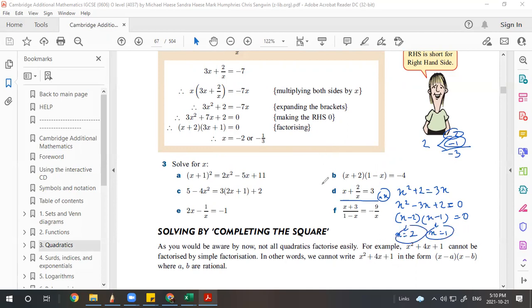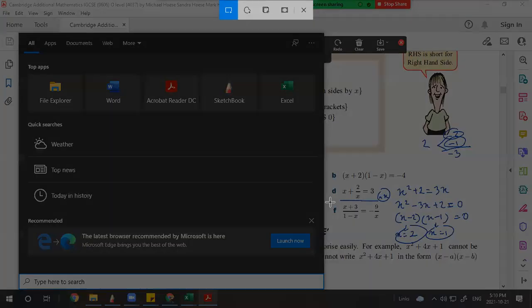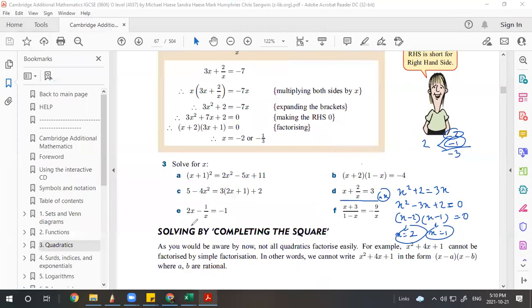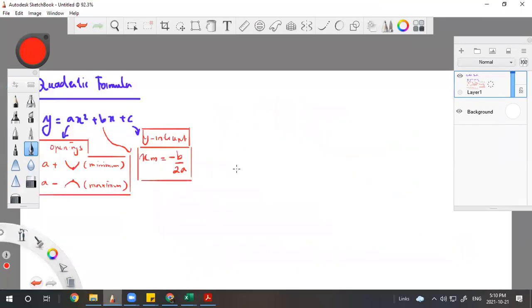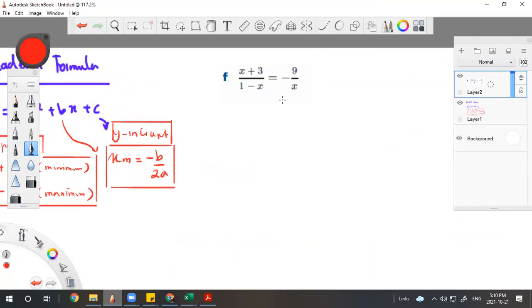Okay, now how to do F? I will put it in the virtual whiteboard. There you go. So what you need to do is try to do the cross multiplication, but make sure that you put the negative on one side, either top or bottom.